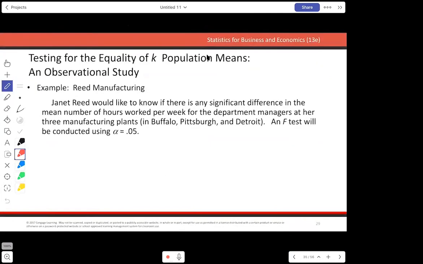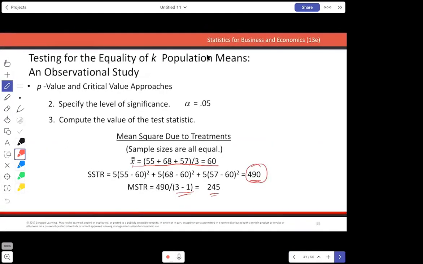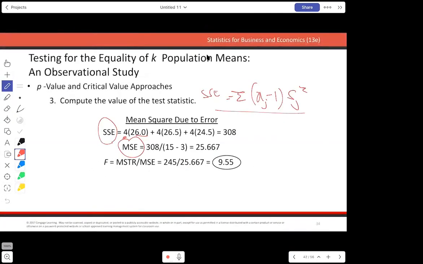So 26 times 4, 26.5 times 4, 24.5 times 4 gives us 308. Then if we divide 308 by 15 minus 3, which is 12, we get 25.667.